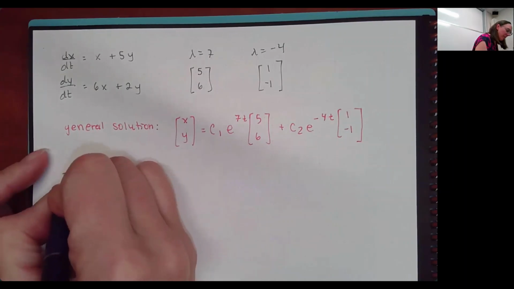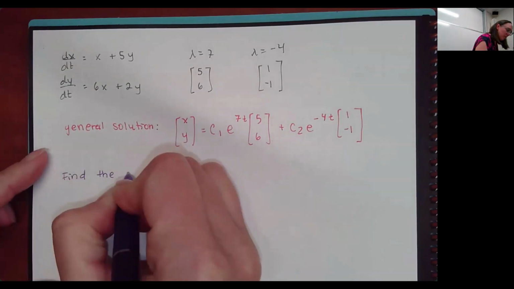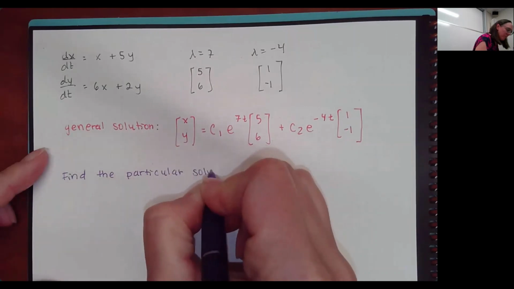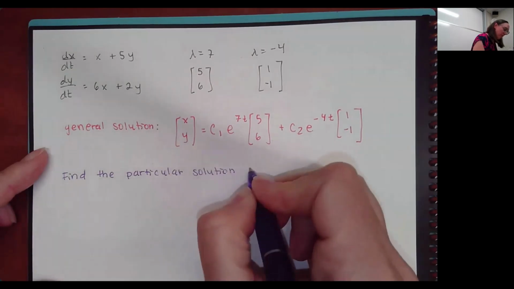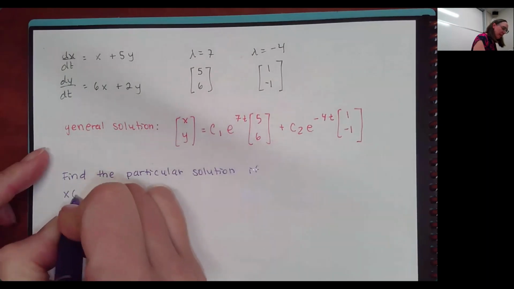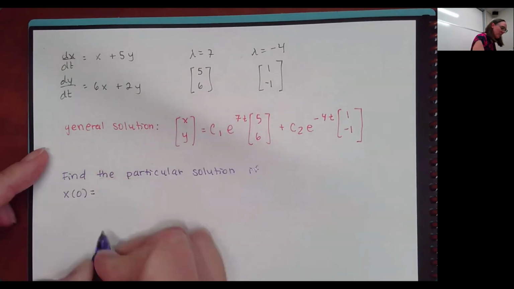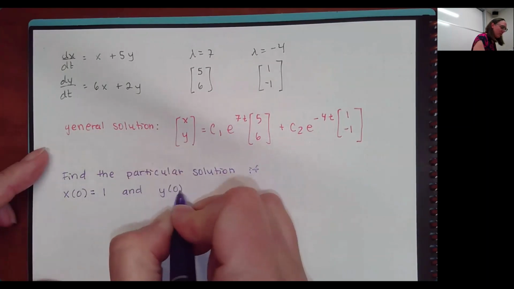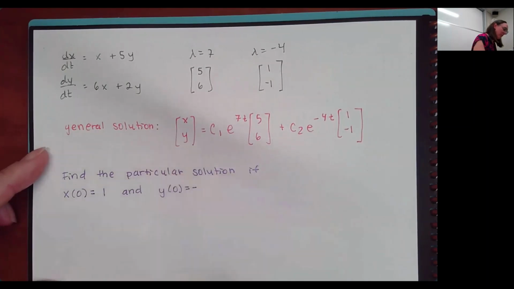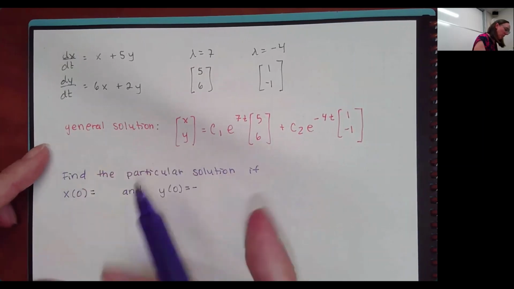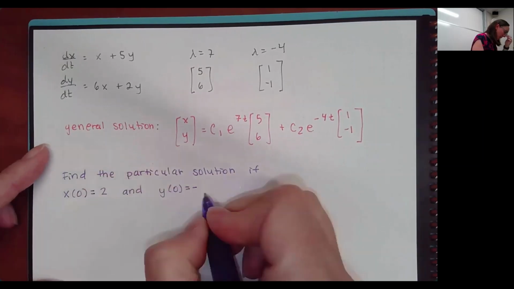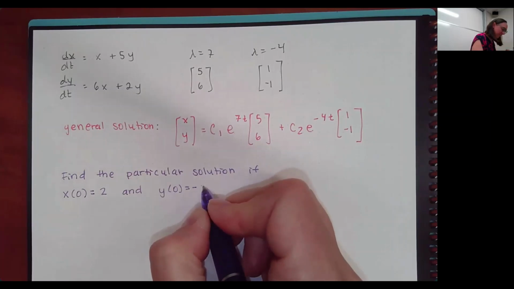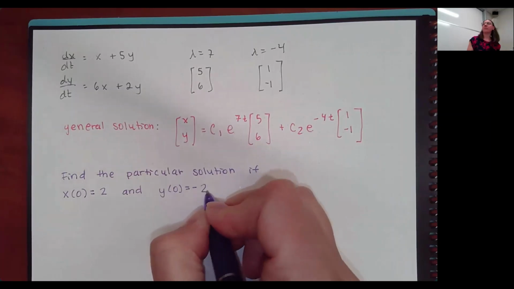I want to find the particular solution if x of 0 is equal to 2 and y of 0 is equal to -2.